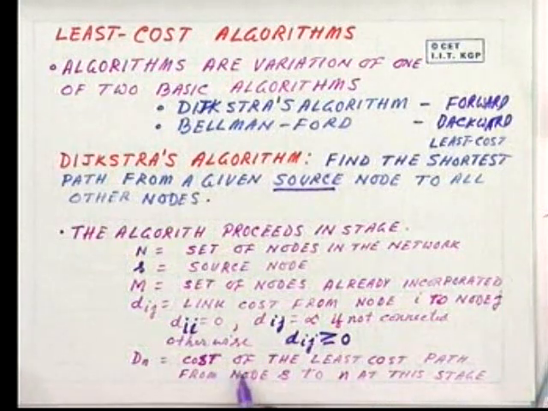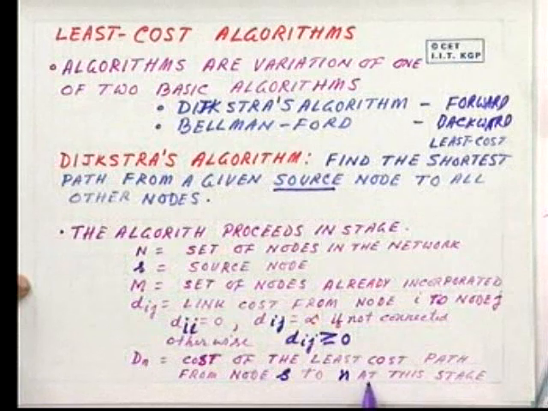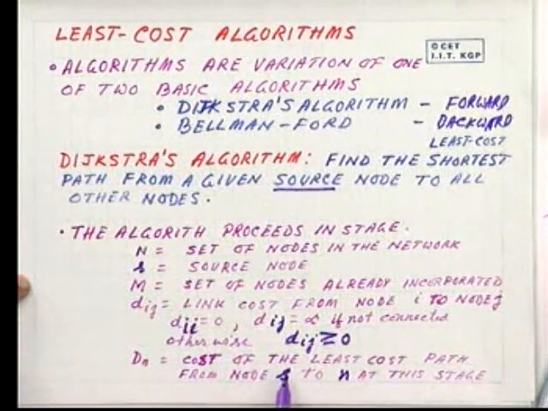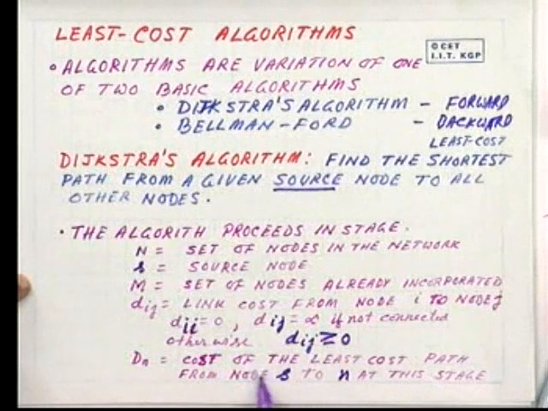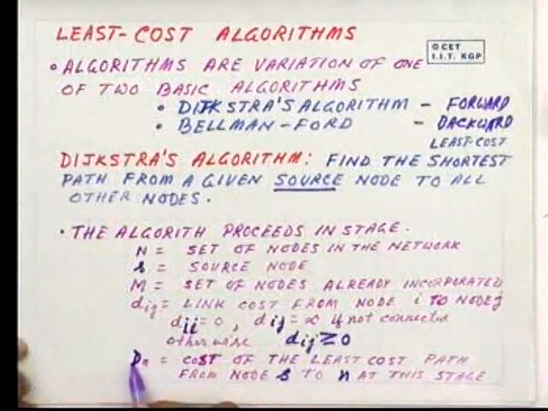And Dn is the cost of the least cost path from node S to node n at this stage. This Dn keeps on changing as the algorithm passes through different stages of the iteration, and ultimately you get the least cost.